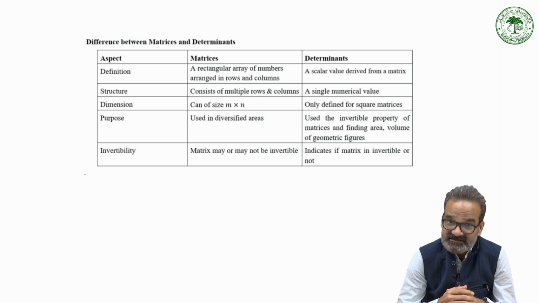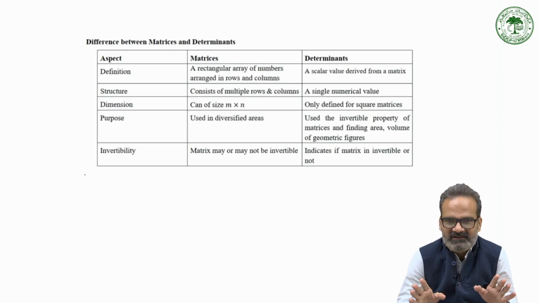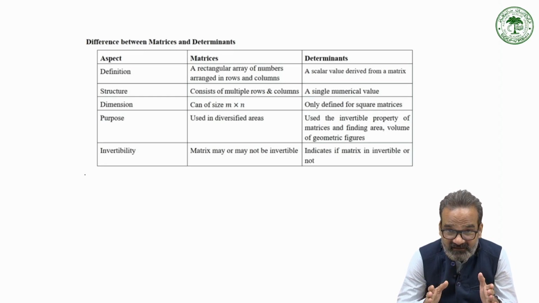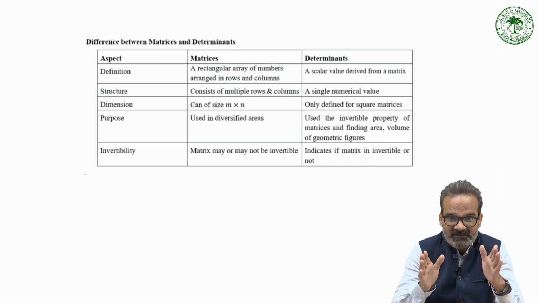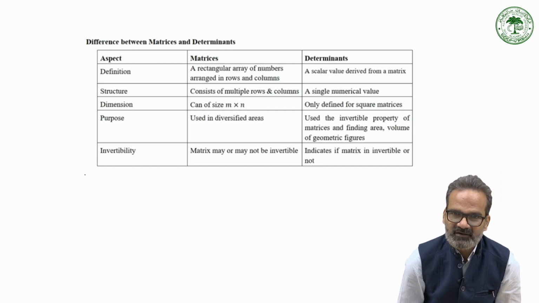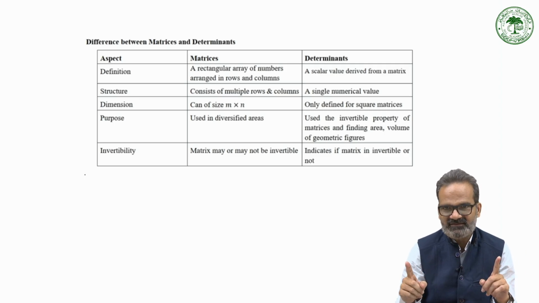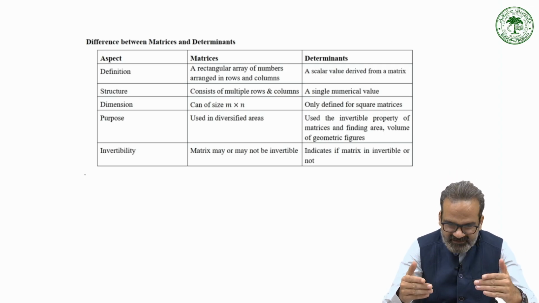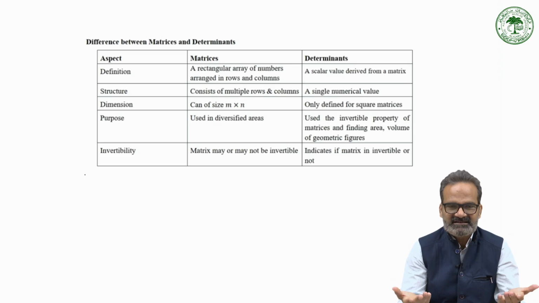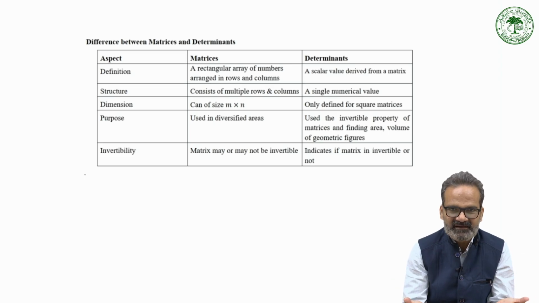Invertibility: a matrix may not be invertible. Every matrix is not invertible. But what about determinants? It indicates whether the given matrix is invertible or not. Clear? So these are the basic distinctions between these two notions, matrices as well as determinants. So determinants in fact characterize the various properties of matrices, right?